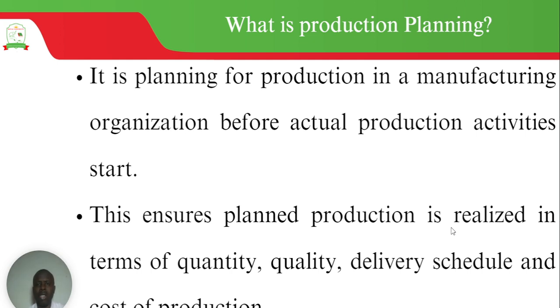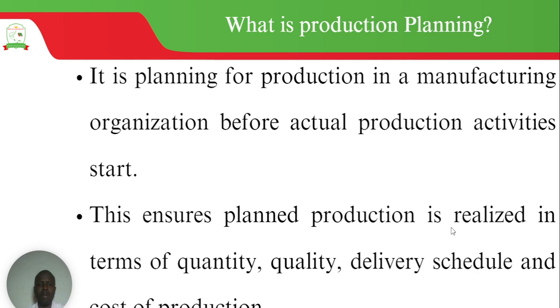And also planning will involve determining the cost of production, and we are able now to determine the source of funds. How are we going to repay those funds? So it is an all-round activity that we need to do to ensure that it happens effectively.